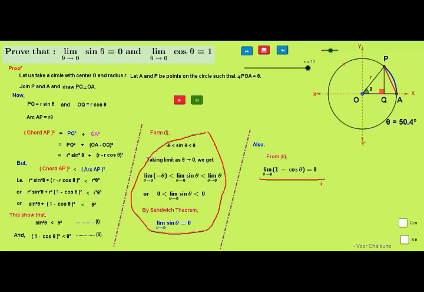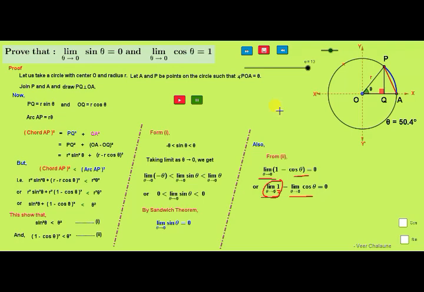So if we get this value, then what does this mean? We know that according to properties of limit, we will get this one. We get this relation. So this is constant form, and this constant form gives us the same value. But this is not.